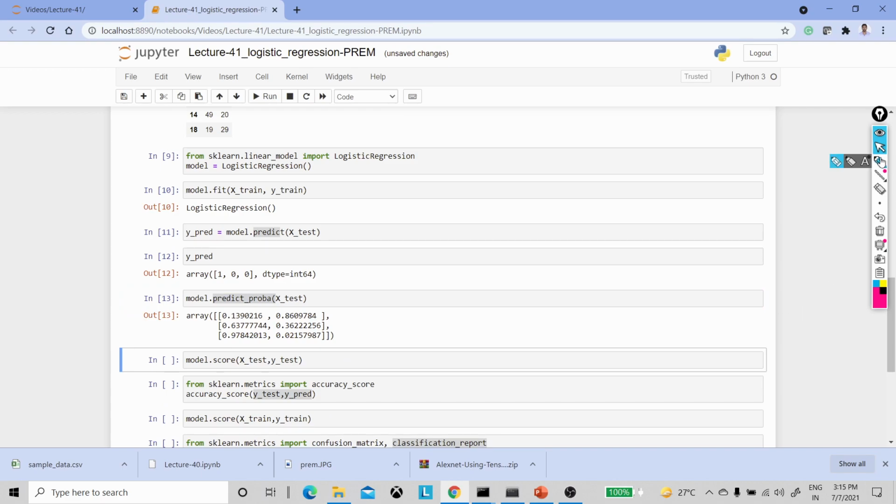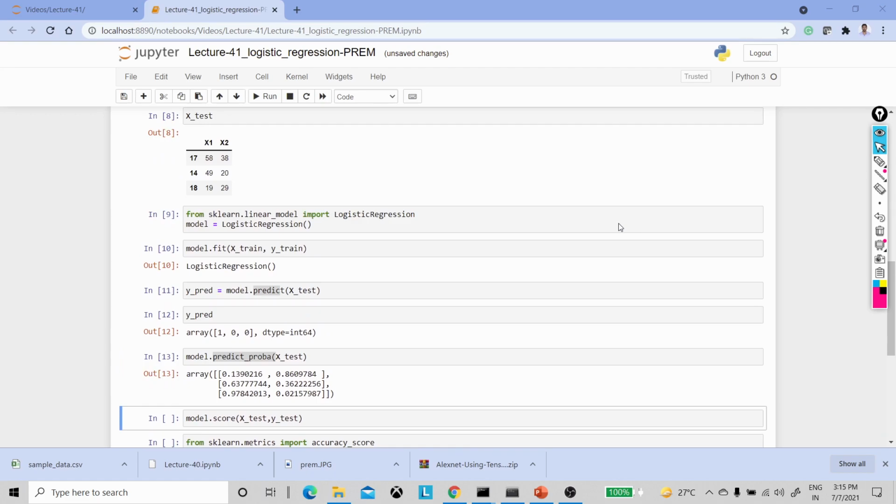Here is the x test with x1 and x2. If you pass this data to my model, it predicts the classes.